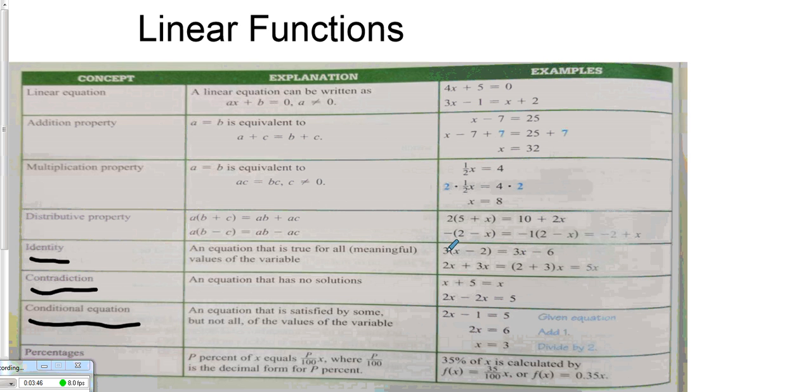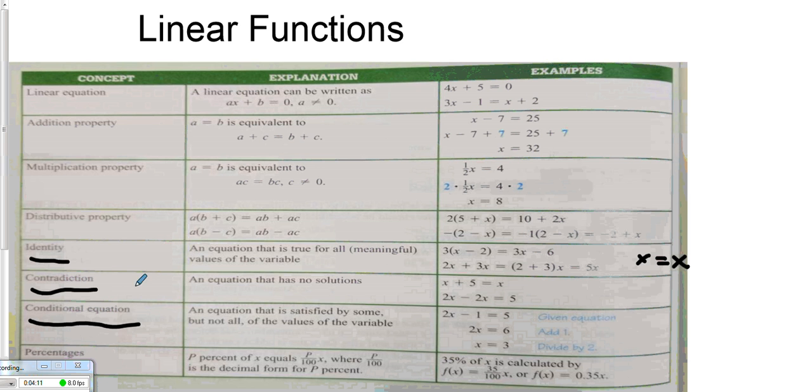You can distribute this 3 and it does in fact equal this. Basically, if you were to simplify this equation, you would end up with x equals x. And of course, that is going to be true. If I plug in 1 over here, it equals 1 over here. If I plug in negative 7 right here, it equals negative 7 right here. So basically, an identity is any time you can get it to say x equals x in the end.